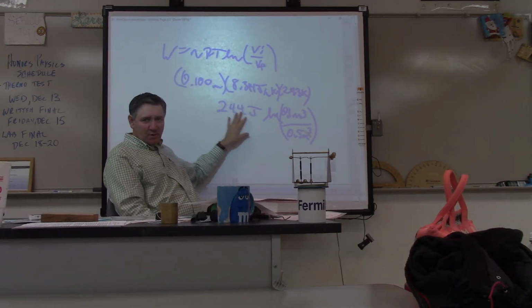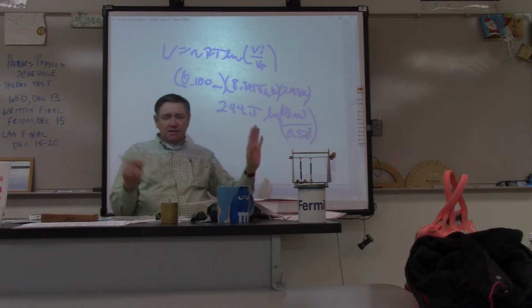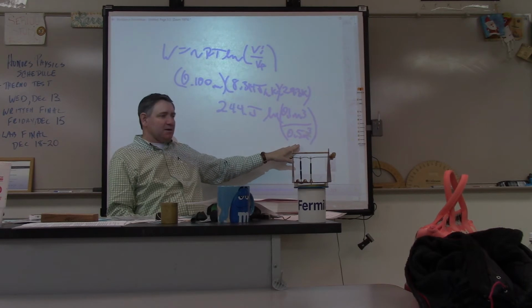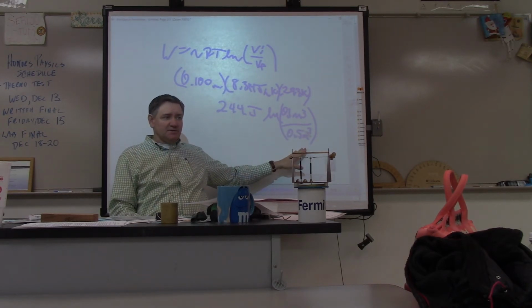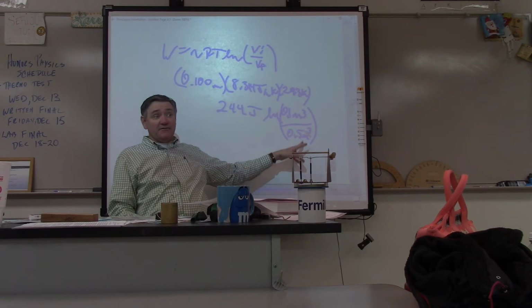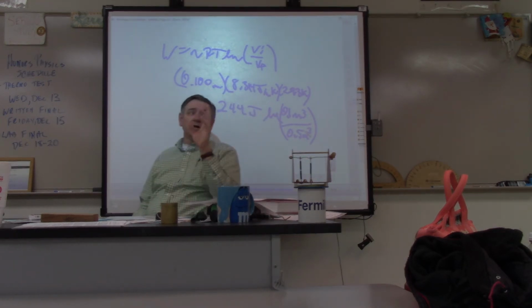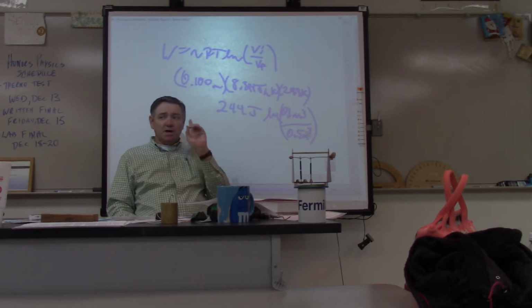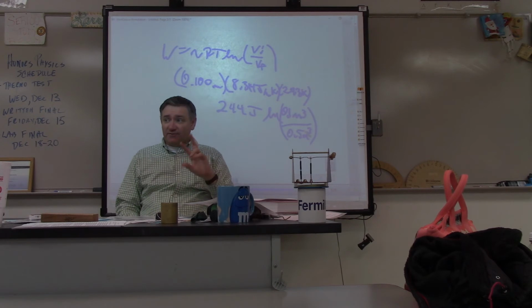So I got 244. All I want is just a broad idea. If I take 0.1 and divide it by 0.5, do I get a number bigger or smaller than 1 that I'm going to take the natural log of? It's smaller than 1. 0.1 divided by 0.5 is 0.2. So I'm going to be taking the natural log of a number less than 1. Whenever you take the natural log of a number less than 1, is that a positive or negative value?